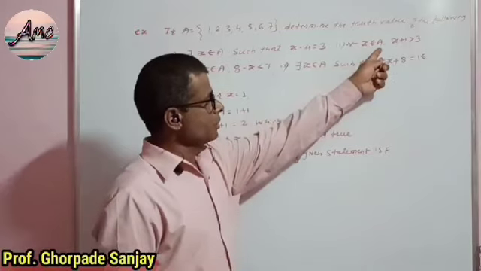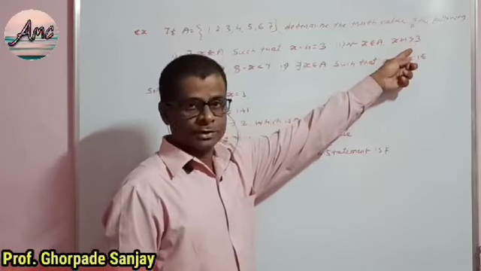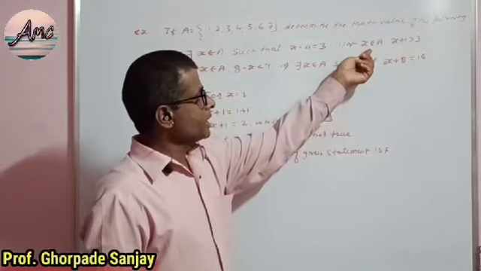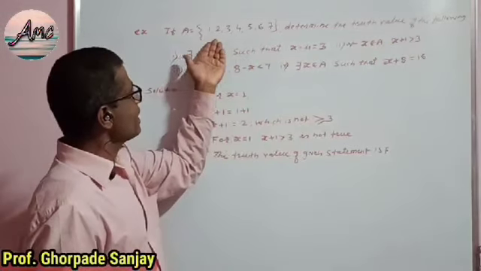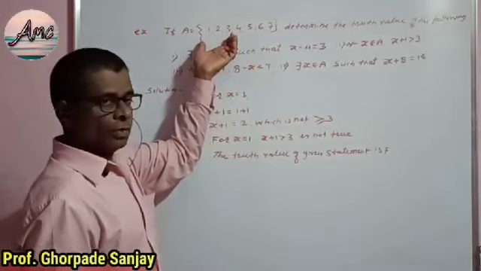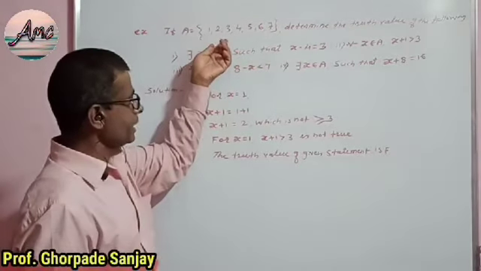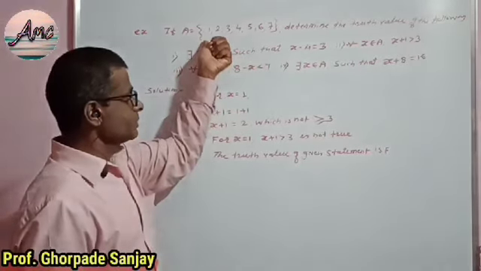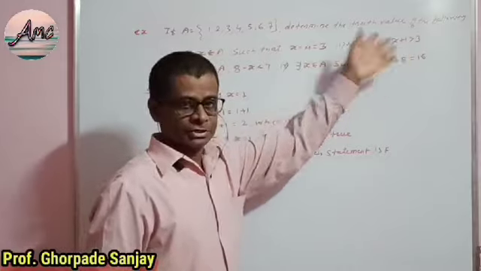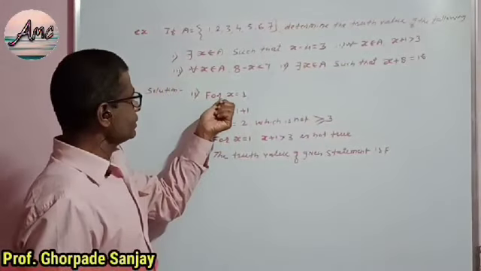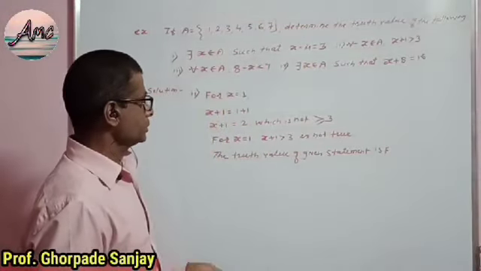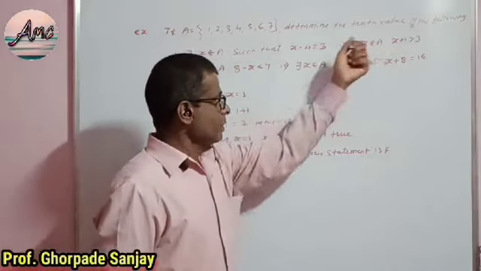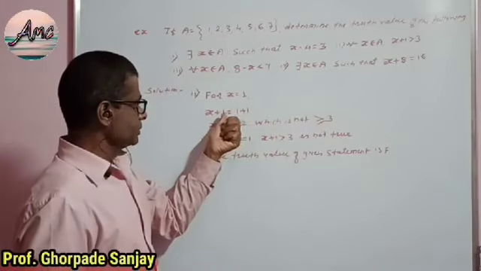Take the solution of the second example. For all x belongs to A, x plus 1 greater than 3. For all x belongs to A means if you take any value of x from this set A, that value of x must satisfy this condition. So let us begin with x equal to 1. Find the value of x plus 1, that is 1 plus 1.